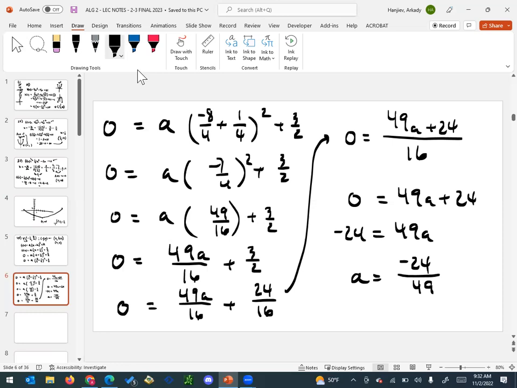You went the other way, you went negative 49 to that side? Eli, what did you do? Well, what I did was I plugged in the values for X. I multiplied that up by 16. I converted 3 over 2 to 24 over 16.